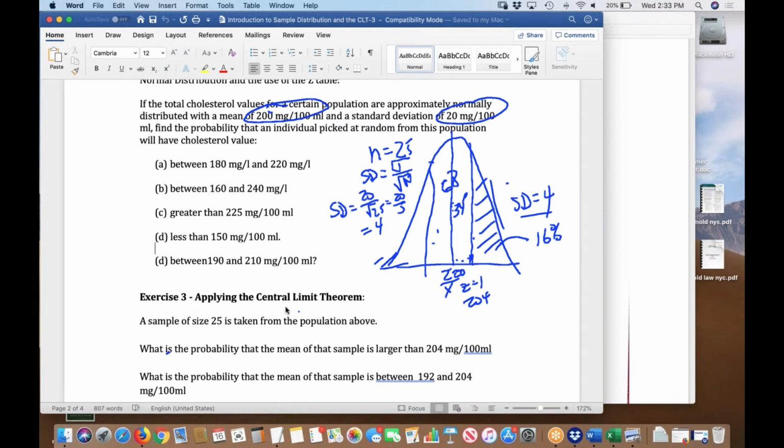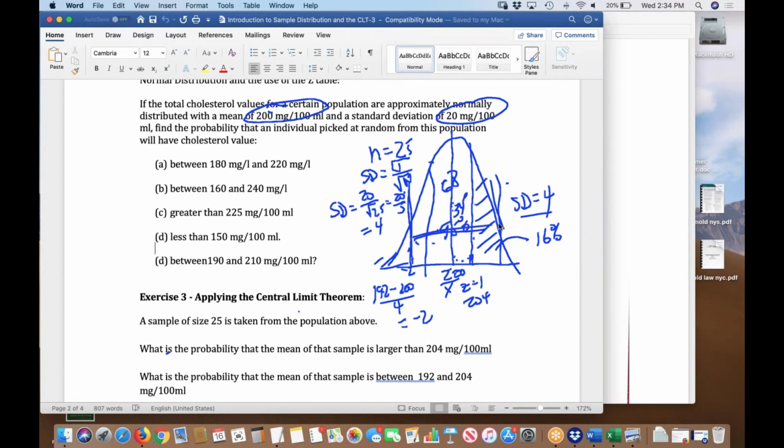Okay, what about the next one? What's the probability that the mean is between 192 and 204? Well, 192 is down here. How many standard deviations away from the mean is 192? Well, 192 minus 200 is negative 8, over the standard deviation, which is 4. 8 over 4 is 2, so that's a z-score of -2. Two standard deviations from the mean represents 95% of the population.